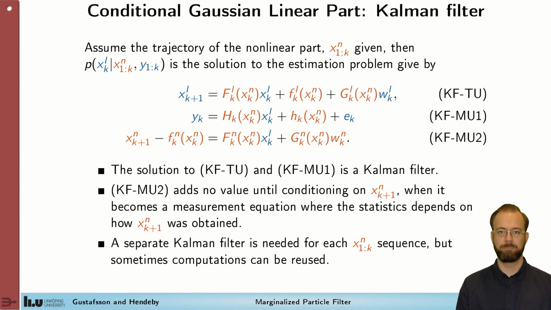For example, if the uppercase matrices in the model are constants and don't depend on xn, then the P and the K in the Kalman filter, so the Kalman filter gain and the covariances, do not depend on the exact particle, so we can compute them once and for all. And we only have to update one state mean per particle, which could be quite inexpensive.